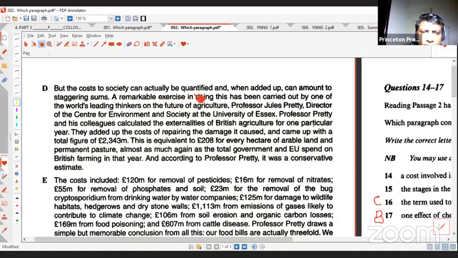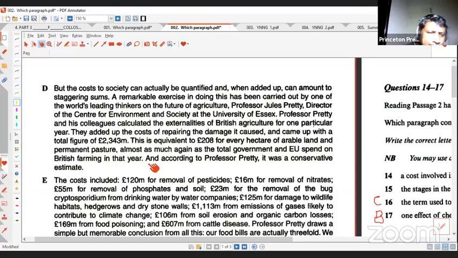But the costs to society can actually be quantified, and added up can amount to staggering amounts. Staggering means a large amount. A remarkable exercise in doing this has been carried out by one of the world's leading thinkers on the future of agriculture, Professor Jules Pretty, Director of the Centre for Environment and Society at the University of Essex. Professor Pretty and his colleagues calculated the externalities of British agriculture for one particular year.